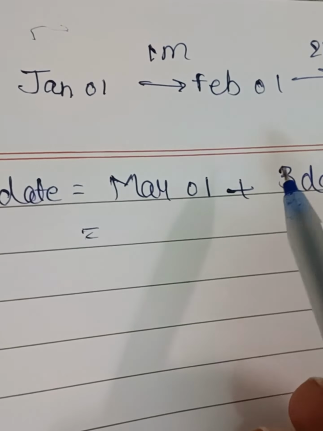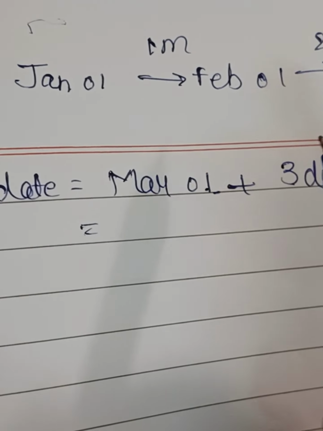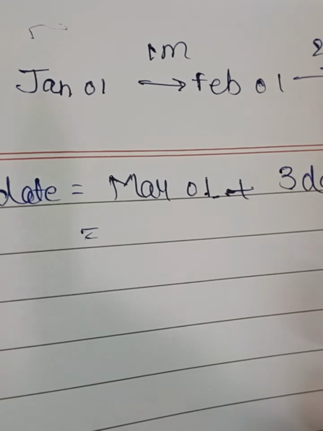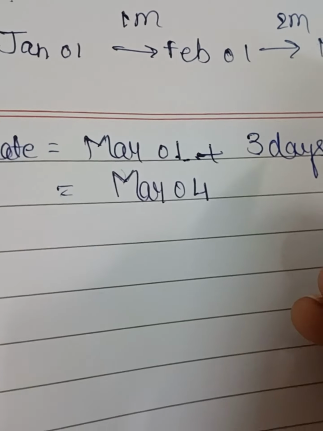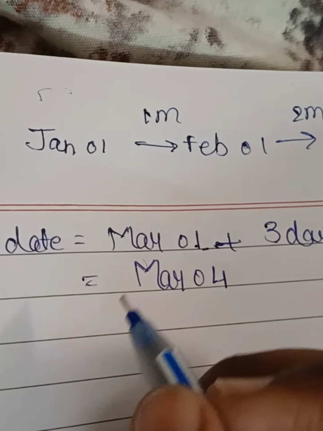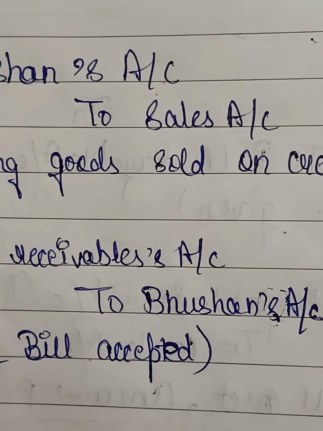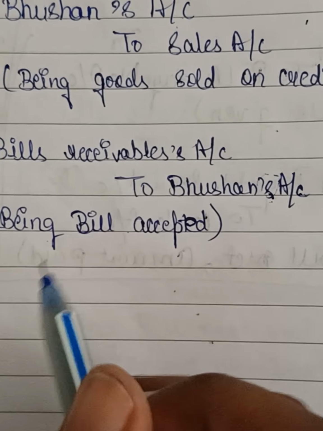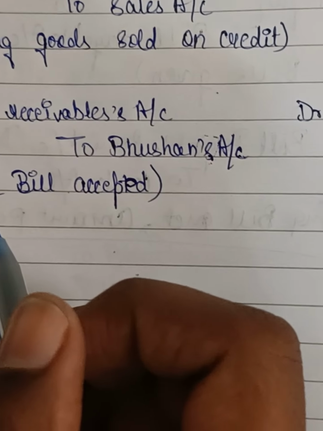So now from March 1 you have to add 3 days, so 2, 3 and 4. So date will be March 4. This is the due date. So on the due date March 4, what happened?